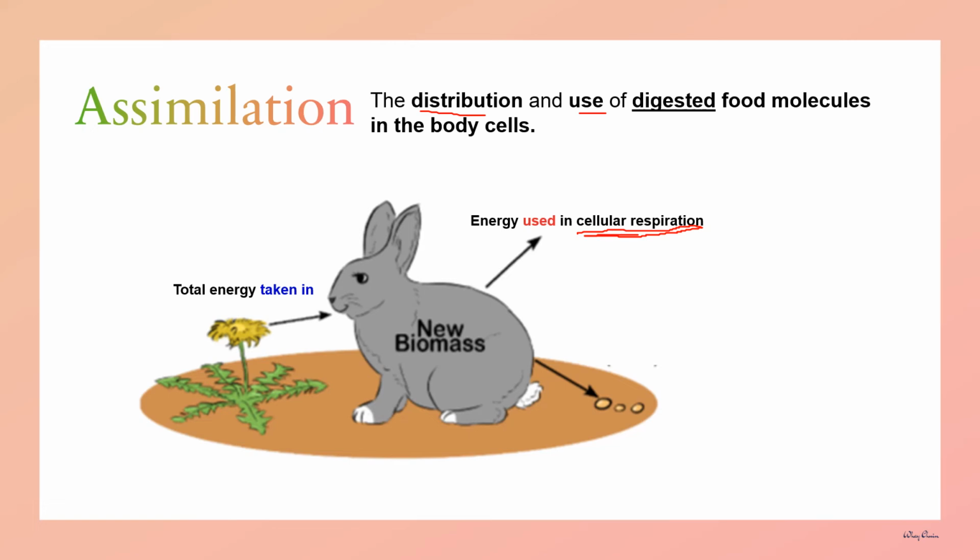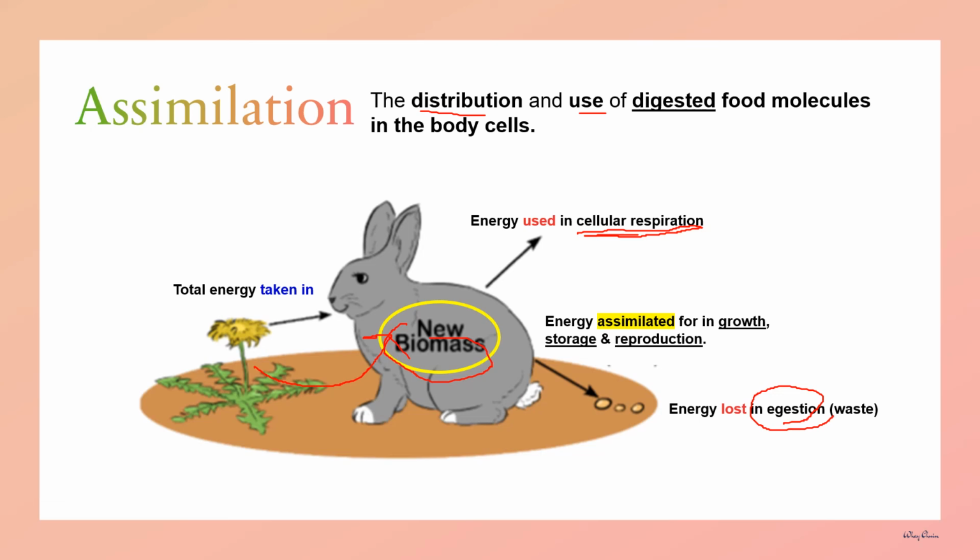And some energy is lost through the process of egestion, that means the formation of the feces. And assimilation actually refers to the 10% of energy able to transfer from producer to the primary consumer, and they will use this energy to form new cells. That's why we say biomass production.